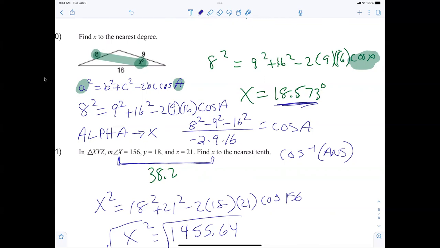Do 8 squared, do it again. Nine squared minus 16 squared. Right? Are you putting it as a fraction or are you trying to do it by hand? Okay. And then do negative 2 times 9 times 16.